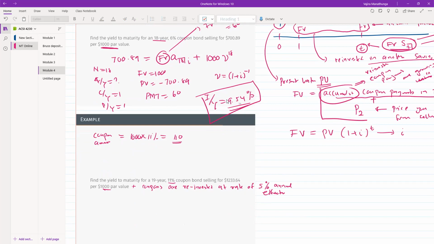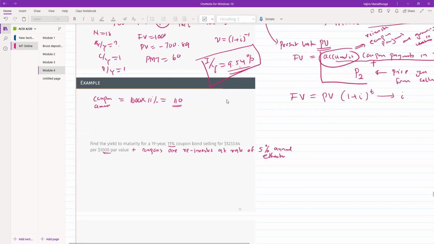That's a really high coupon amount, by the way. So now let's try to calculate the yield rate. What's going to happen? Every time you get a coupon, you deposit it into a savings account. So this is how the savings account looks. You get $110, so you deposit. And this is going to continue for 19 years.